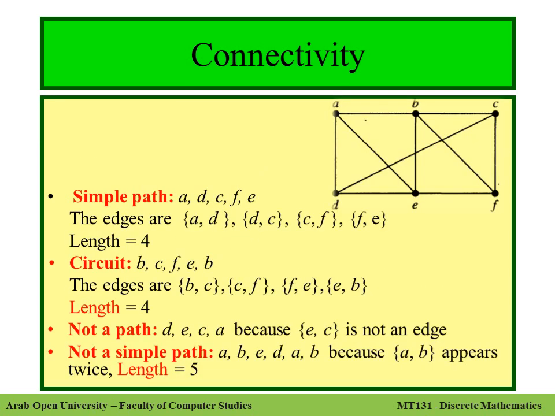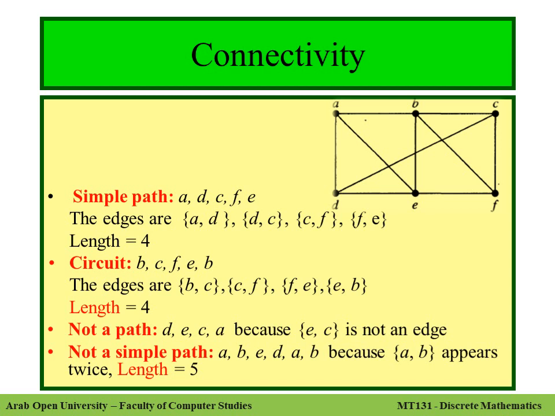Let's look at examples. Here is a graph. For example, an example of a simple path is A, D, C, F, E. Of course for this to be a path, there has to be an edge from A to D, an edge from D to C, an edge from C to F, and an edge from F to E, which there is.